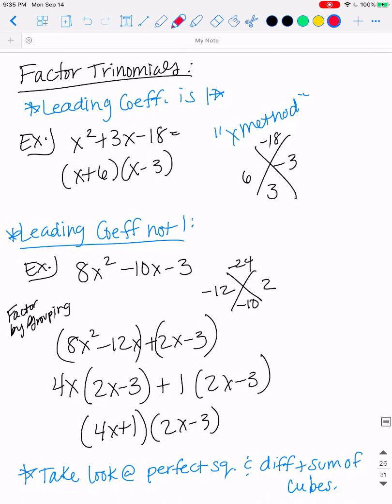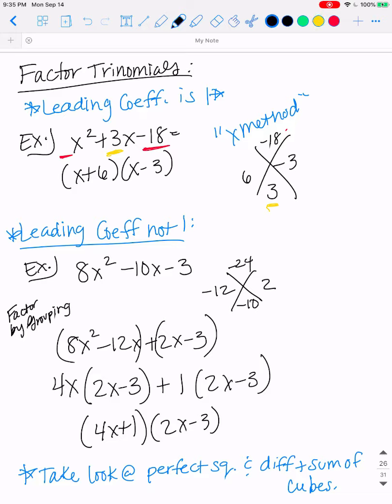So in factoring trinomials, we are able to do it in 2 different ways, but they all have the same method really. The first one is when the leading coefficient is 1. The way I was taught is doing the x method. With this way, you multiply this term times this term and put it on the top. You just keep this term and put it on the bottom.